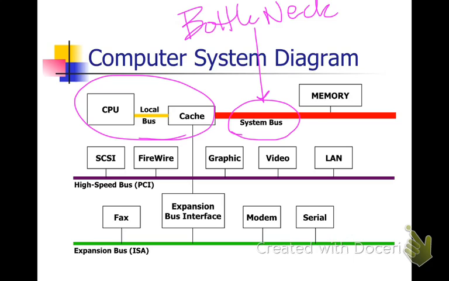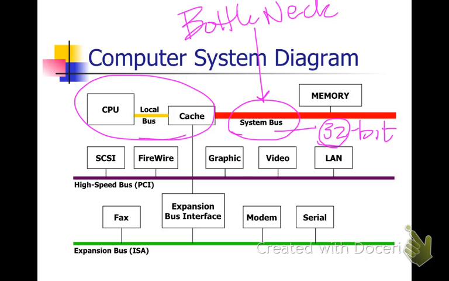That system bus has a fixed size. So when you say you've got a 32-bit bus or a 64-bit bus, each one of those, 32 in our case, would tell us that I've got 32 lanes of binary traffic. So I can put up to 2 to the 32 values on that bus at a time.